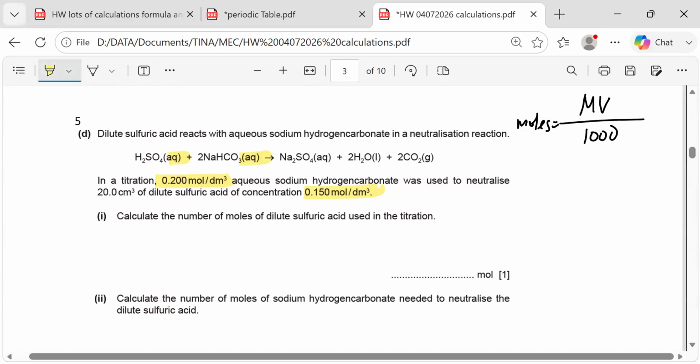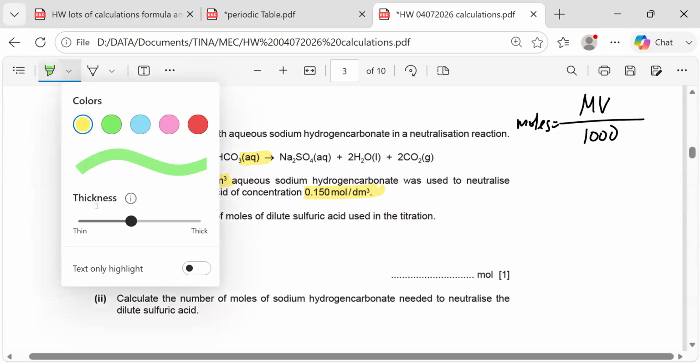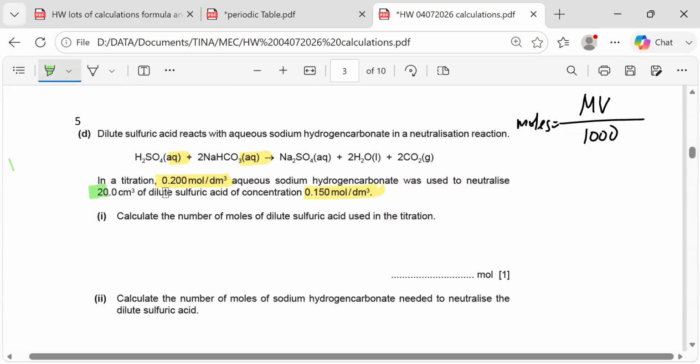In titration, 0.2 mole of aqueous sodium carbonate was used to neutralize 20 centimeter cube of dilute sulfuric acid, 0.1 mole per decimeter cube. This is the MV for sulfuric acid. Can you calculate the moles? Yes, because you use MV over 1000. Do it now.